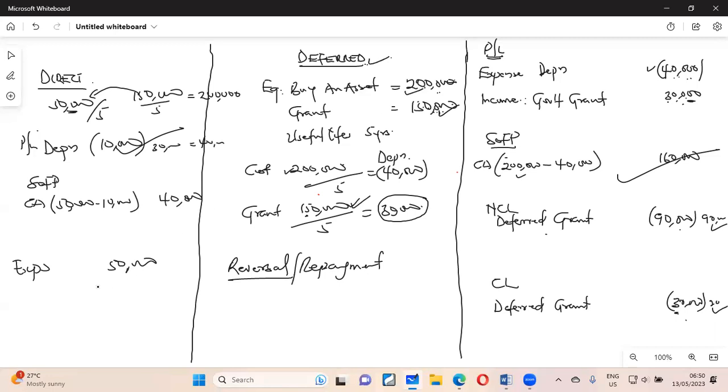And therefore, what you would do is to bring in an additional expense of what? 150. If you use the indirect or the deferred method for the expense, which said that, in this case, assuming this were expense, not asset, you do what? Expense 200,000.